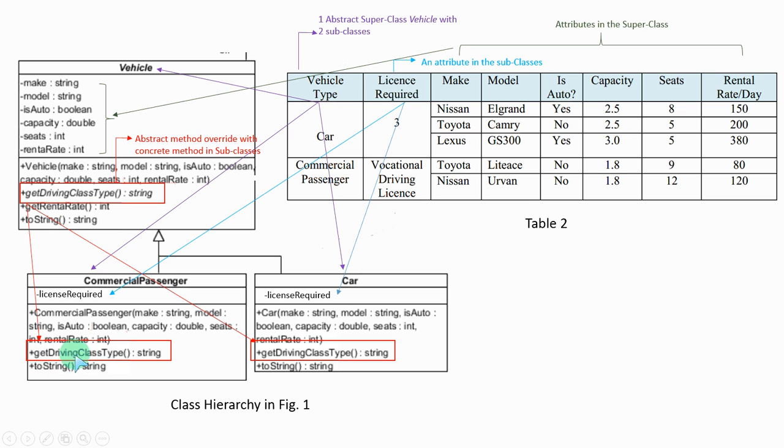In fact, get driving class type is just an access function that retrieves the value of the license required stored locally in the subclass. So these mappings complete the correspondence between the information of table 2 and the hierarchy of classes pertaining to vehicle, commercial passenger, and car.